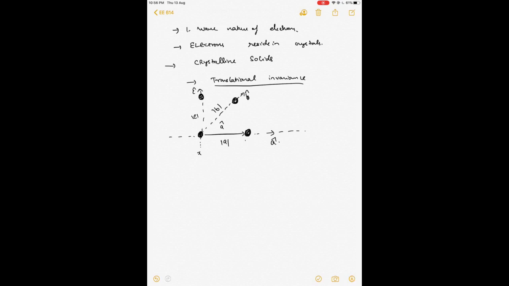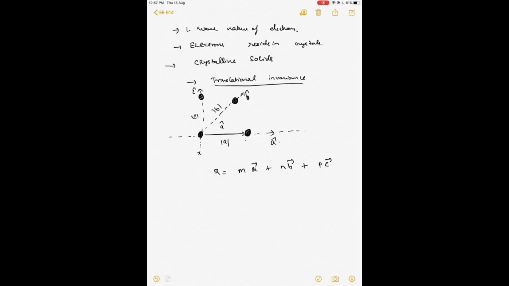So one can represent these points using vectors like this: m a vector plus n b vector plus p c vector. So what we mean is, this a is magnitude a and direction a hat, right? I take m being any integer. So with any such combination, I land up at a point where there is an atom.